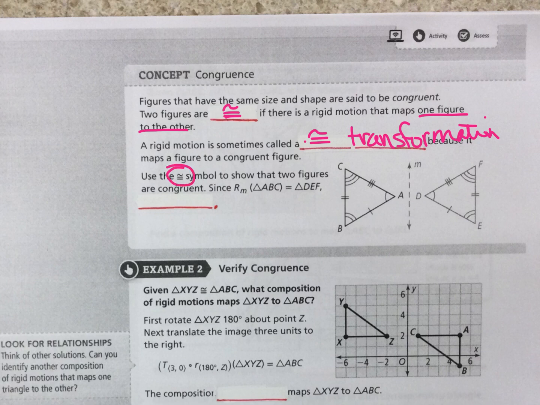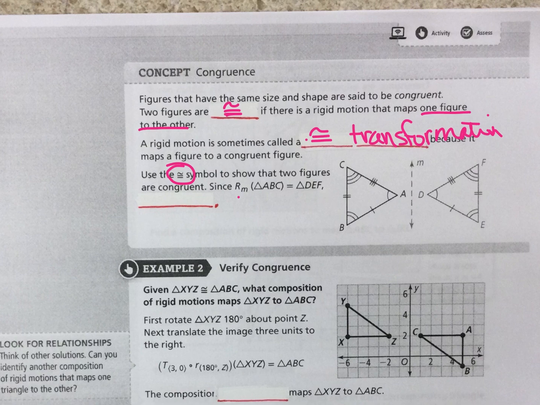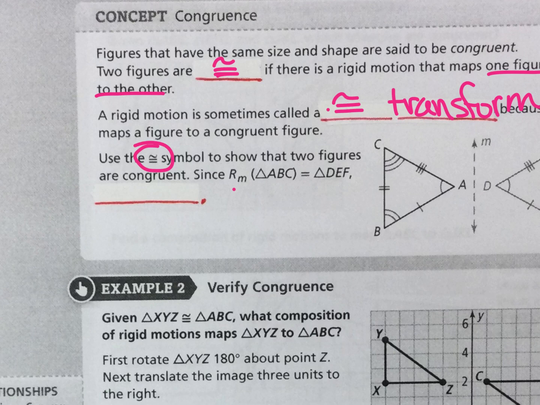So let's read this right here. A reflection over line M of triangle ABC equals triangle DEF. So I know that triangle ABC is congruent to triangle DEF.